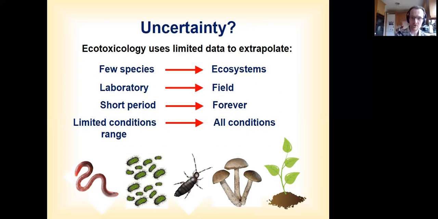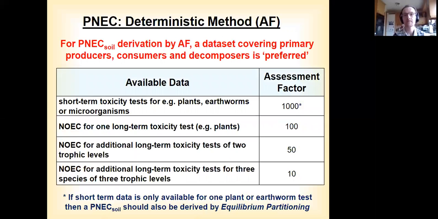We might have short-term tests, and once the chemicals are out there, they're out there forever, so we have to extrapolate from short to longer periods. And we also have to extrapolate from the limited range of conditions that our tests are done in to all conditions experienced in the field. So these are the areas of uncertainty that come into it. And so we capture that in our assessment factor that we use.